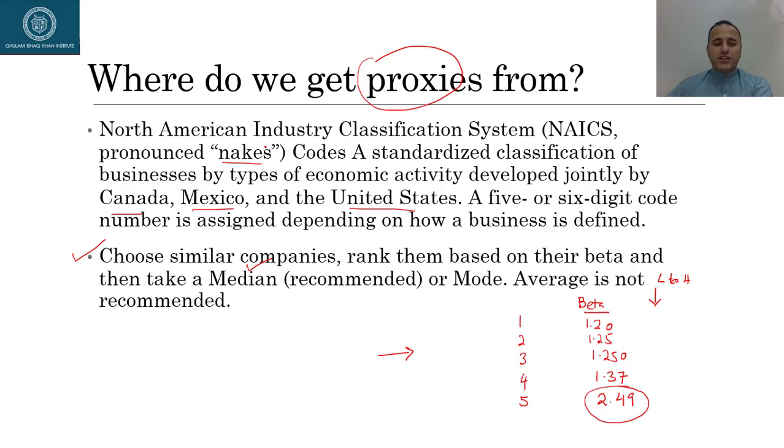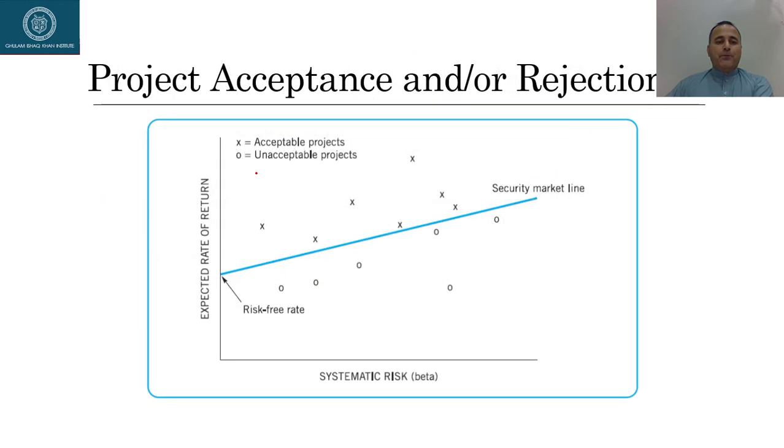So yes, we can easily identify some companies whose betas we can use as a proxy for our project. Now this is the security market line. It's a linear relationship, and you can estimate this line through regression.